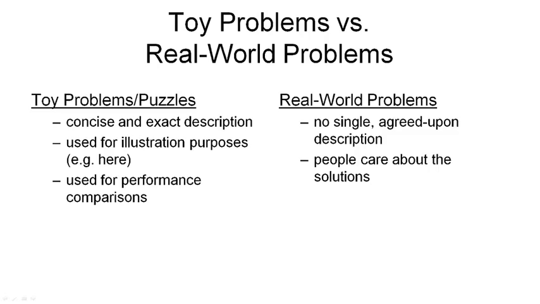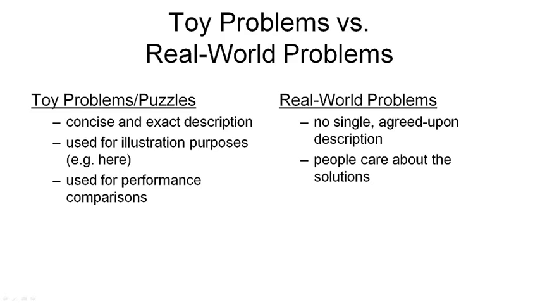Toy problems have two interesting properties, namely they are rich and simple. By rich we mean they're anything but trivial to solve, and by simple I mean they can be described easily and precisely. Real-world problems tend to be very different. To begin with, there is no single agreed-upon description for most real-world problems.